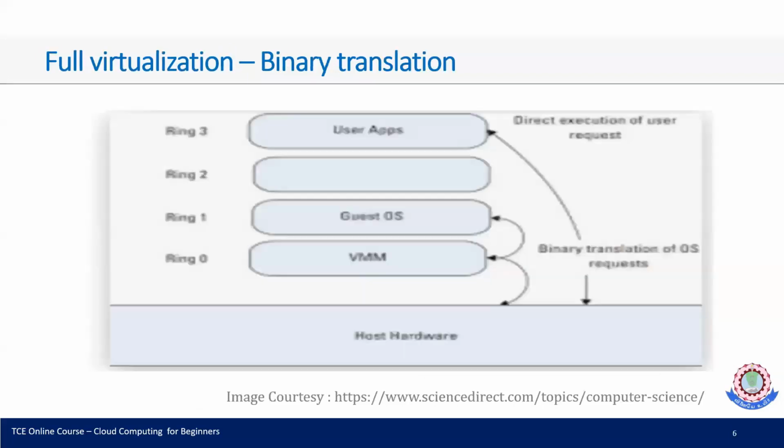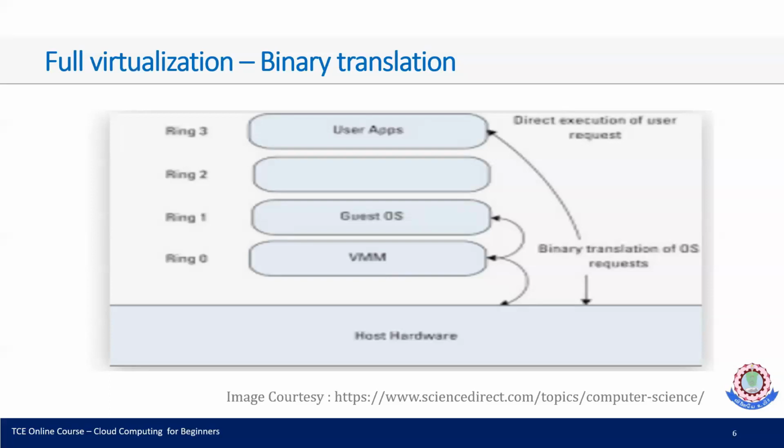We are going to discuss full virtualization. This figure clearly shows the full virtualization structure. This virtualization is otherwise called binary translation. So this full virtualization is not full. In one stage, it is called binary instruction set as well.